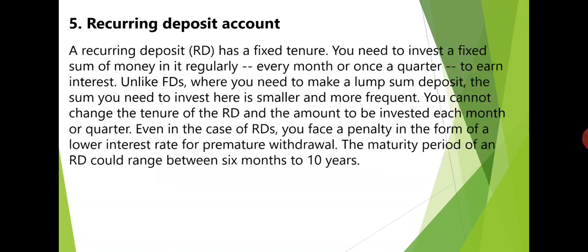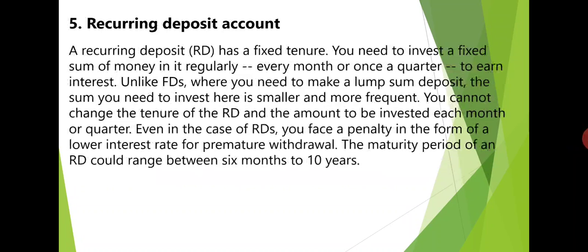The fifth account is recurring deposit account. Now, a recurring account means the account in which you are going to deposit a certain amount regularly. As compared to fixed deposit, in fixed deposit a person maintains the deposit with the bank for a single period of time.